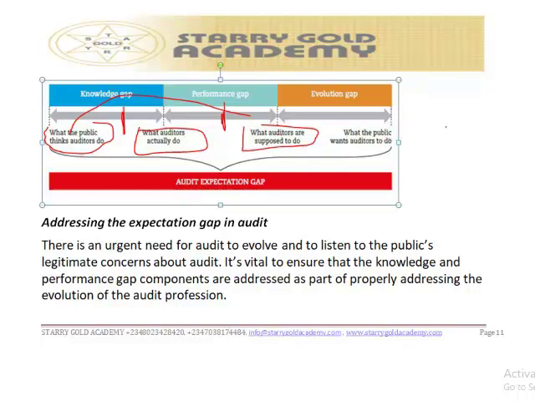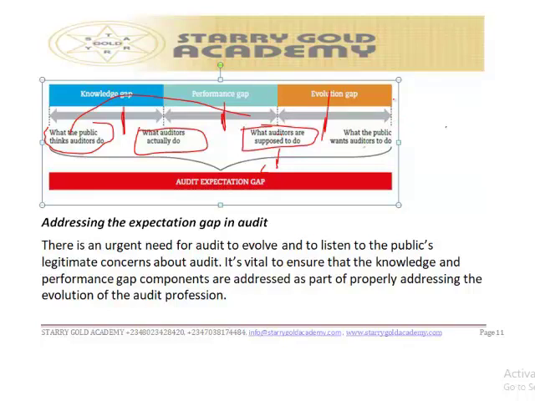So now, what the public wants auditors to actually do, they keep coming back for this, but the regulatory standards, or the local or statutory principles and regulations, have told the auditors to stay here. But what the public wants auditors to do keeps coming here, and so there's still a gap here. So that's an evolution gap. But the major thing is, let's look at how we can actually address the expectation gap in audits.